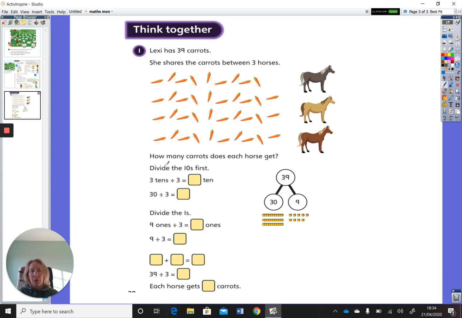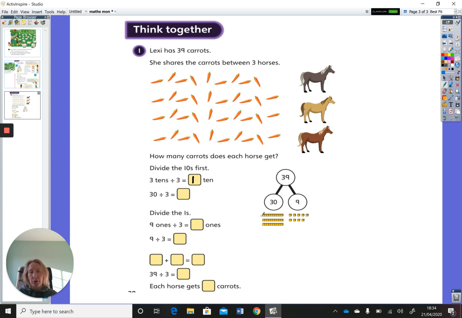Okay, so we're going to divide the tens first. It says 3 tens divided by 3. So if you've got 3 tens and you're going to share them by 3, how many tens are they each going to get? And of course, they're going to get 1 ten.